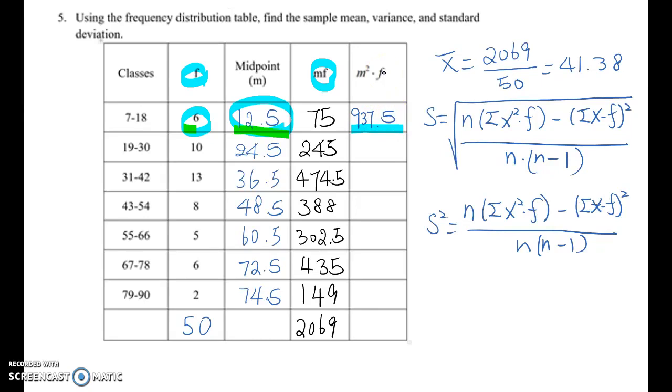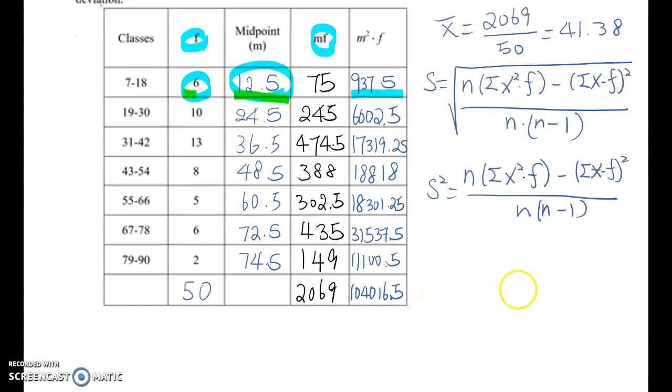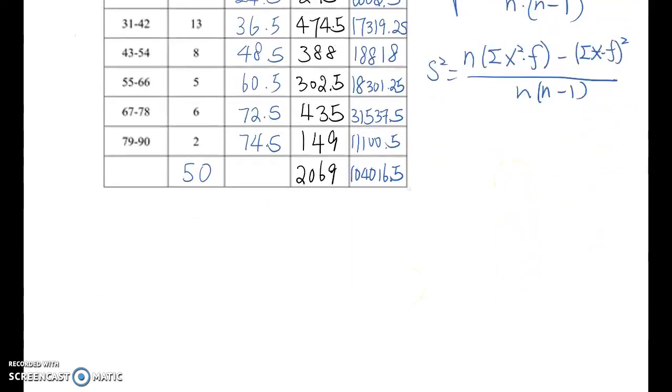Okay, same way, please find those values and get back to this video. Those values will be each entry of the m squared times f column, and the total becomes 104016.5.